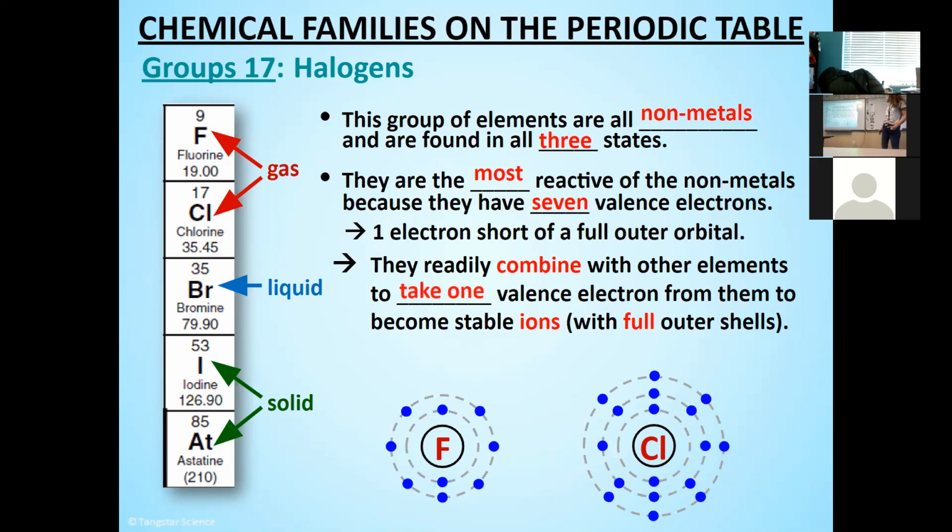So they readily combine with other elements to take 1 valence electron. So do you think that they would combine with any of the alkaline earth metals? No, but 2 of them might. So let's say you have calcium. Calcium can give 1 electron to 1 fluorine, and one electron to another fluorine, and they've got a little trio now, right? Double trouble.